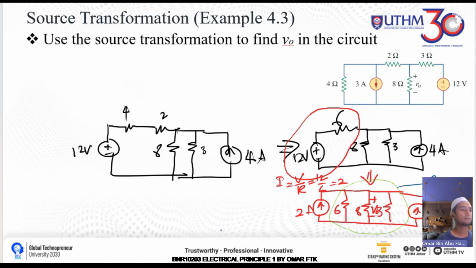So 1 over R equivalent is equal to 1 over 6 plus 1 over 8 plus 1 over 3. So from this you will get how much?